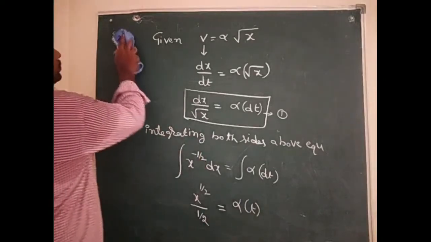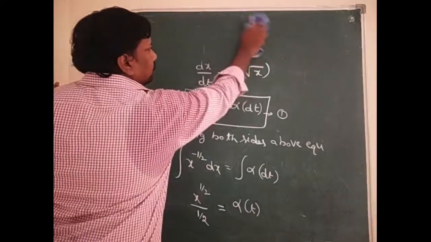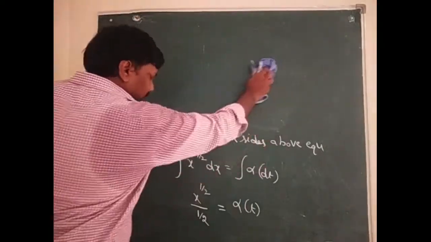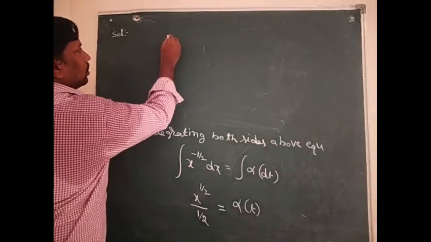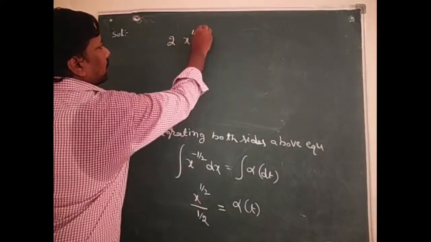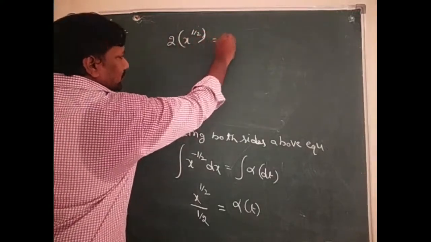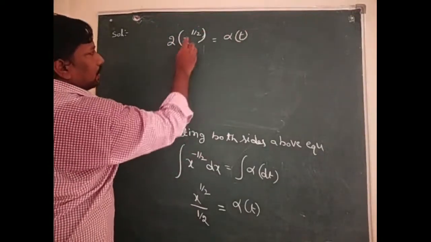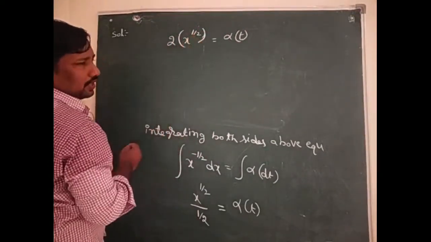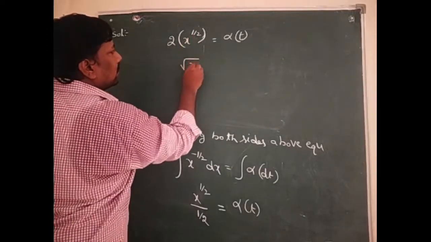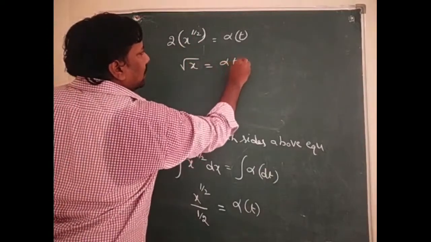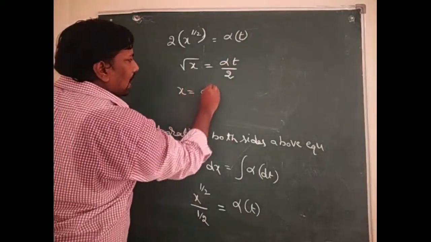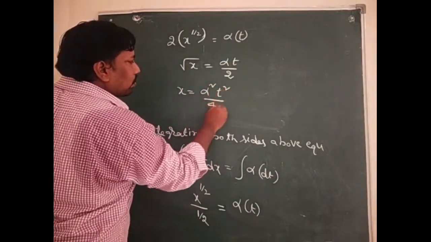So here 2 into x power 1 by 2 is equal to alpha into t. Here x power 1 by 2 means root x. So root x is equal to alpha t by 2. Squaring on both sides, x equal to alpha square t square by 4.